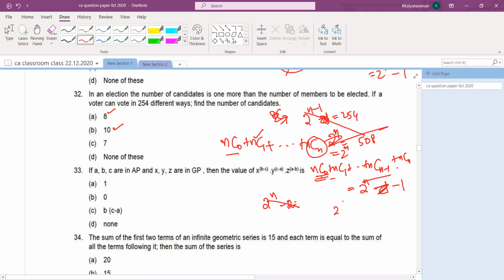So 2 power n minus 1 is 254. 2 power 8 minus 1. Okay.